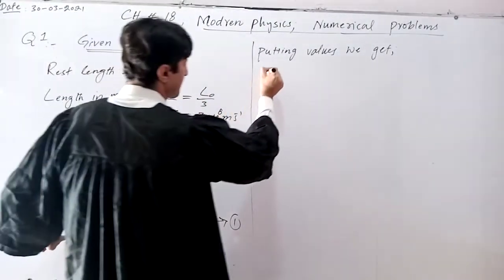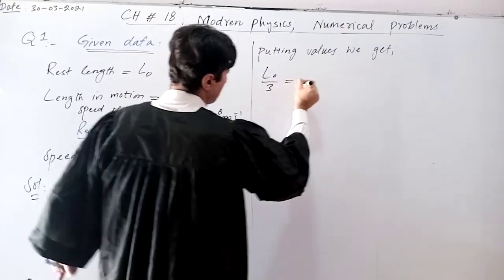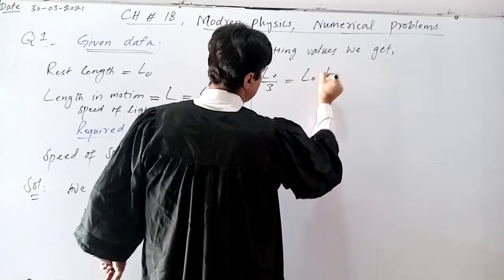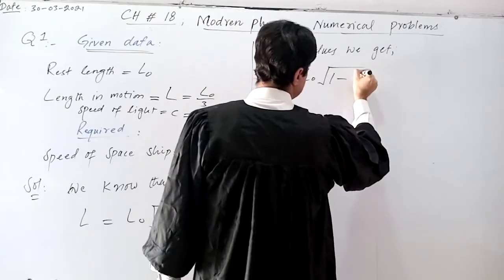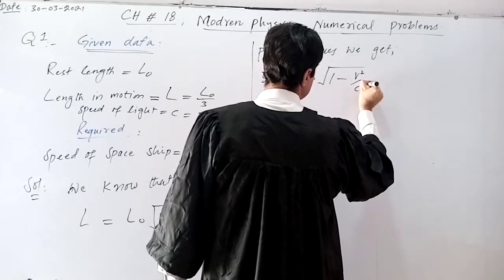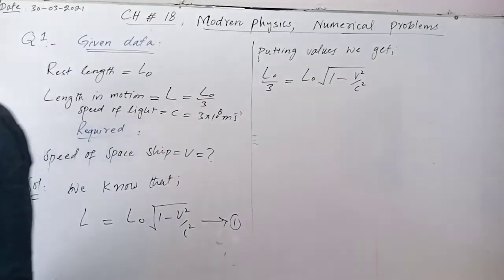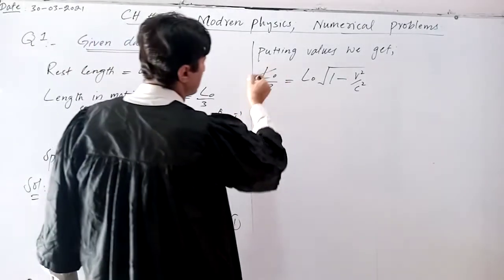So we get L0 divided by 3 is equal to L0 into under the root 1 minus v square divided by c square. By simplifying this, we get 1 divided by 3, as L0 will be cancelled with L0.